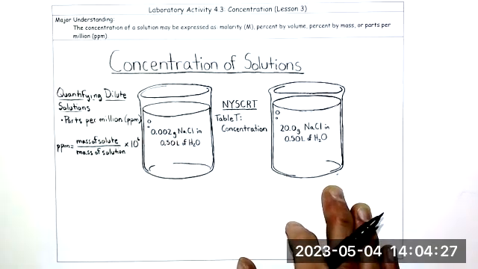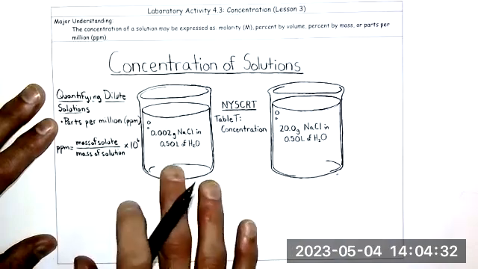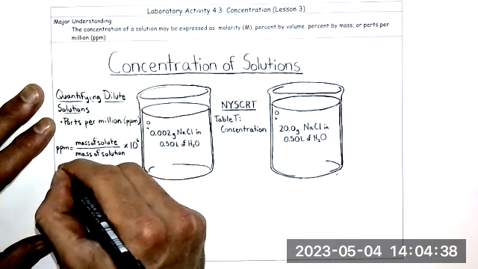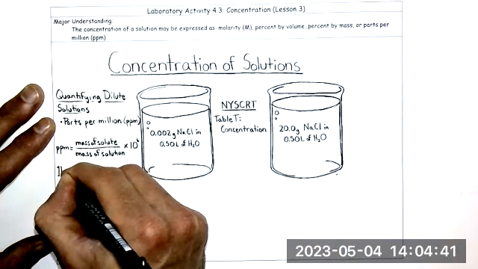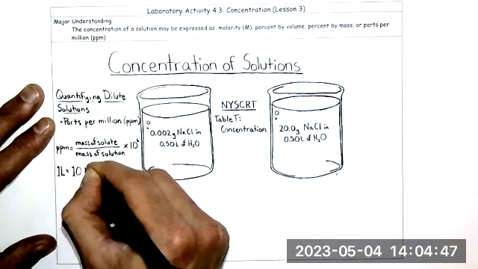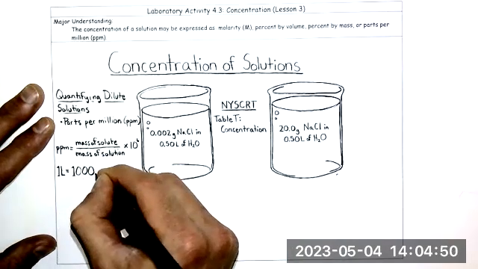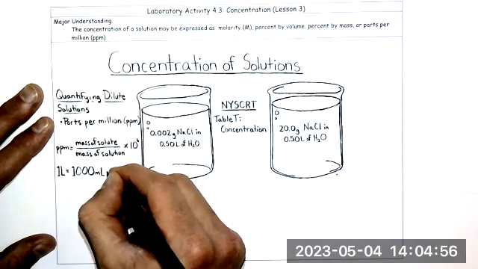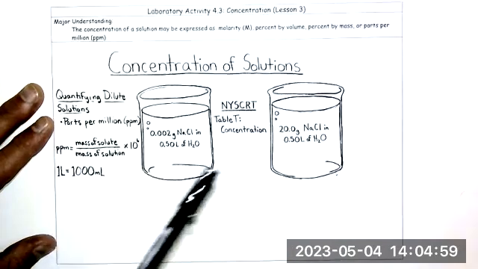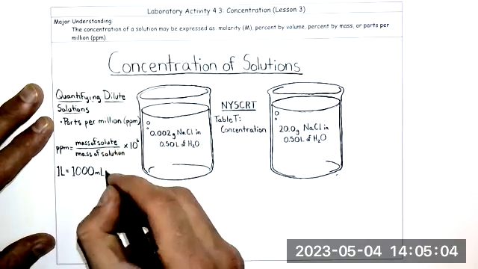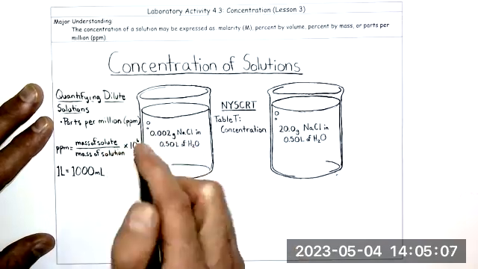Now a couple quick conversion items we need to talk about before we can start determining the concentration of this beaker in parts per million. 1 liter equals 1,000 milliliters. So there's 1,000 milliliters in 1 liter. For really dilute solutions where the solvent is water, we can just assume the density of water, which is 1 gram per 1 milliliter.